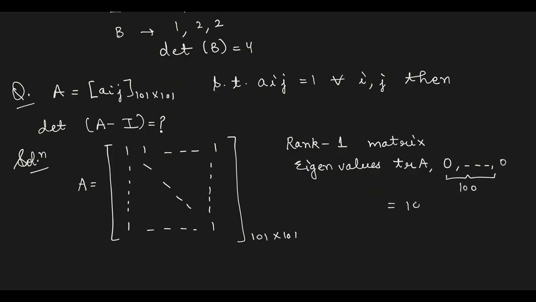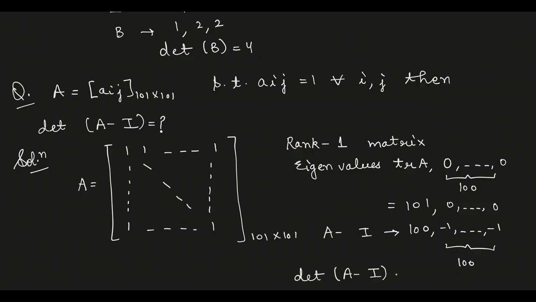So the trace is 101. Now I need to find the determinant of A minus I, meaning the product of eigenvalues. So the eigenvalues of A minus I: 101 minus 1, 100. 0 minus 1 means minus 1, up to 100 times. So the determinant of A minus I will be 100 into (minus 1) to the power 100. It will be 1 only, so 100.